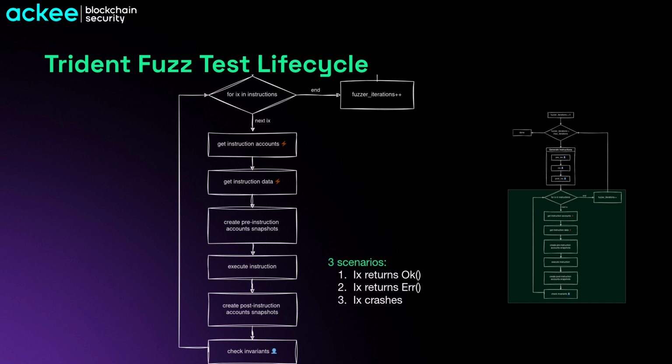In that case, the program crashes, and the fuzzer detects the crash and again saves all the inputs that were generated by the fuzzer to a crash file, so that you can debug this crash later on.